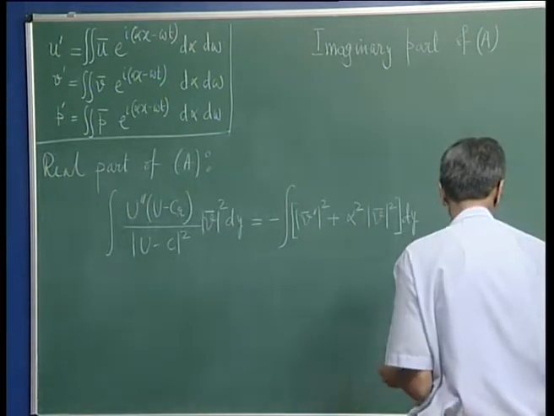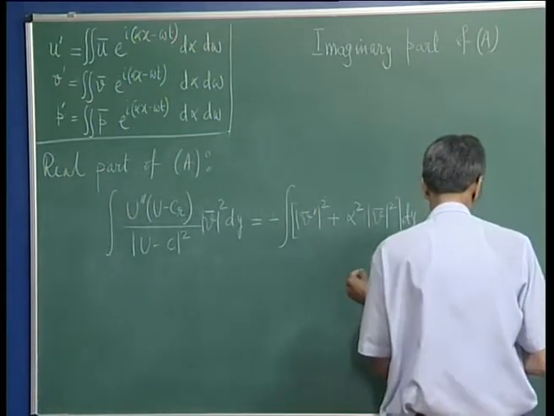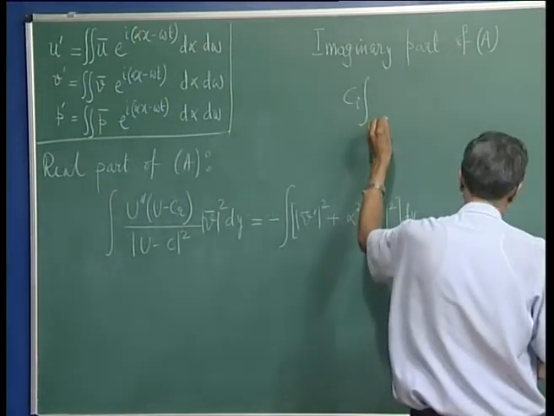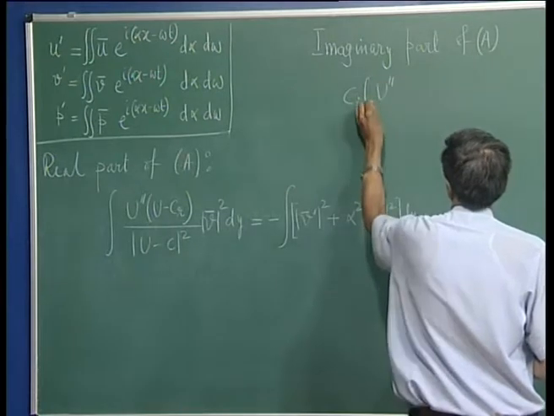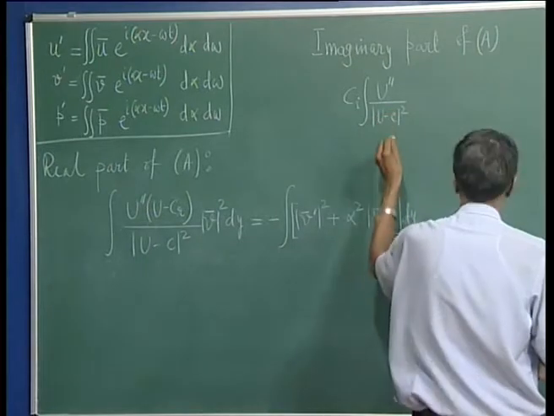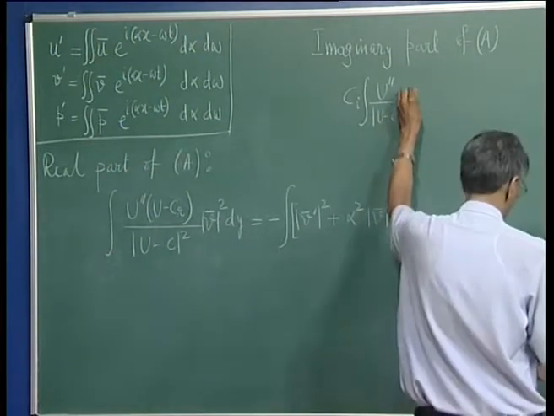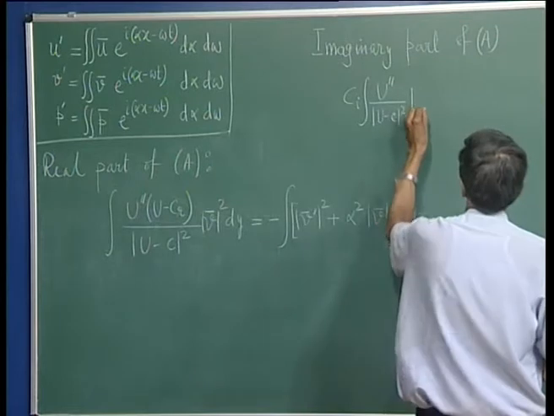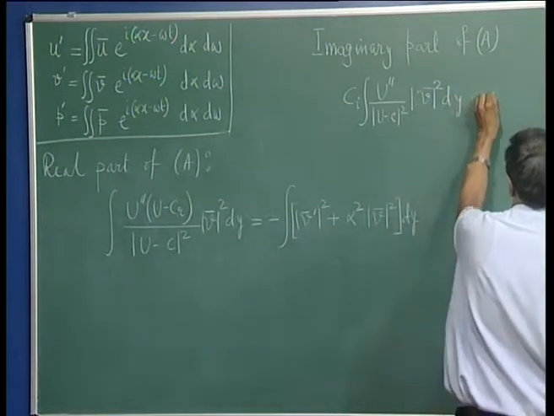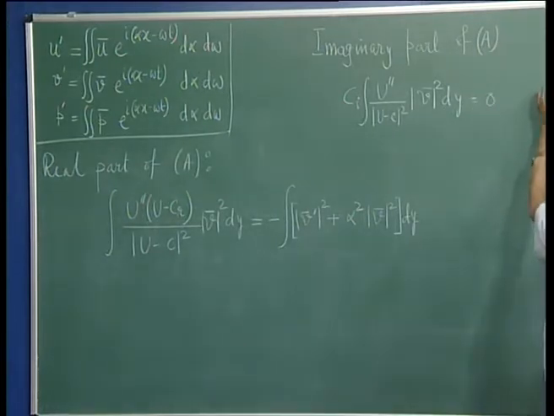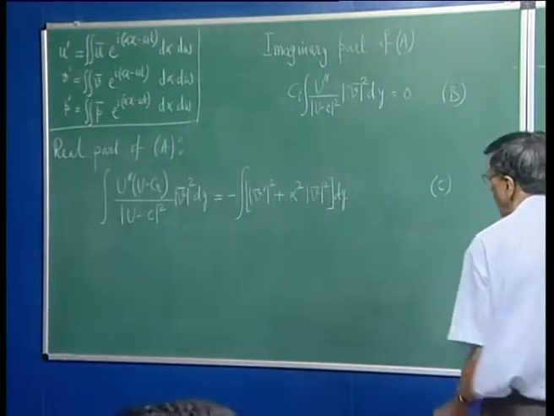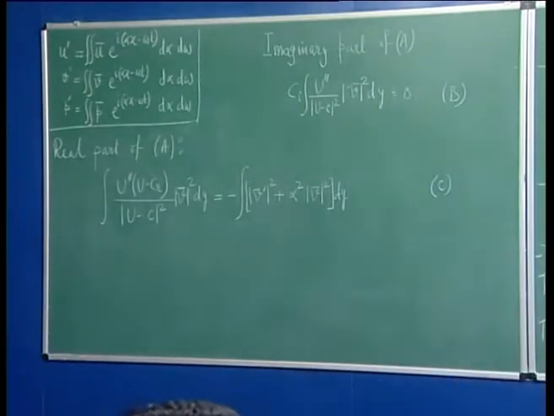That is the following: c i times u double prime divided by (u minus c) whole square, and then we had v bar square dy. Let us call this equation B, and let me call this equation capital C. Okay. So, we have this.